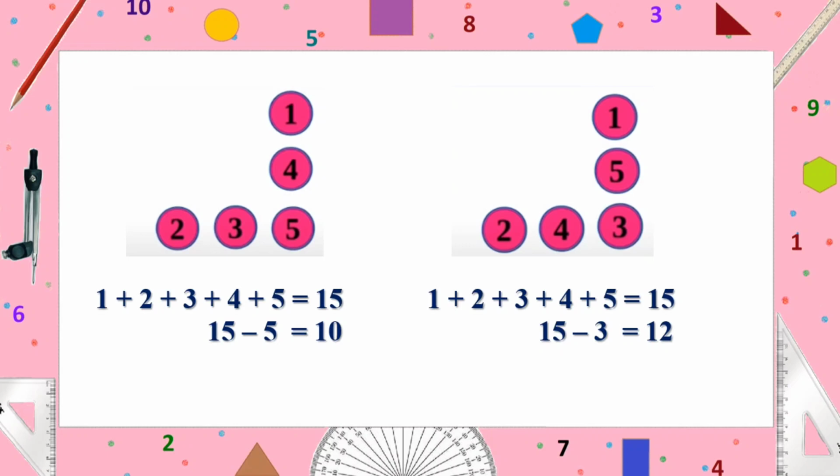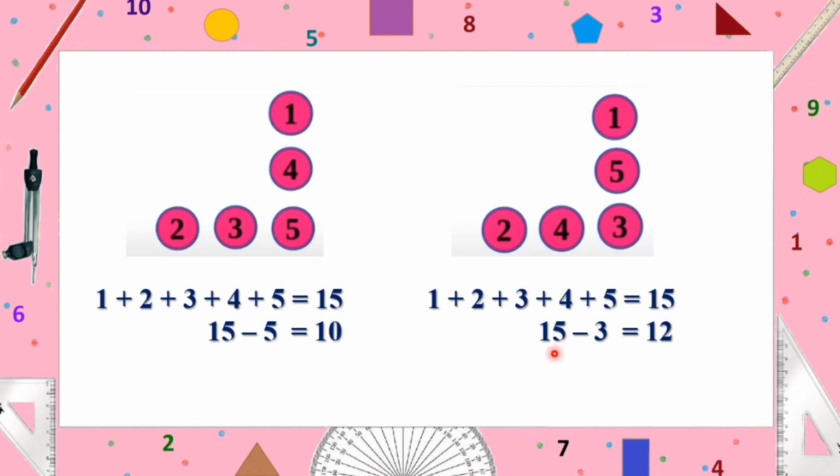That means if we subtract an odd number from an odd number, we will get an even number. Here also 15 is an odd number and 5 is an odd number. When we subtract an odd number from an odd number, we will get an even number.